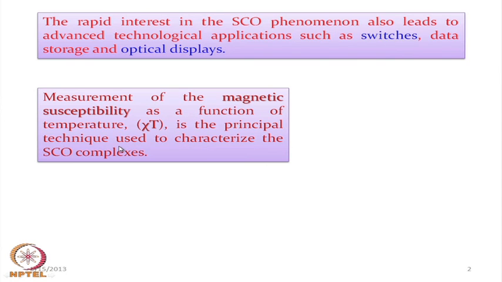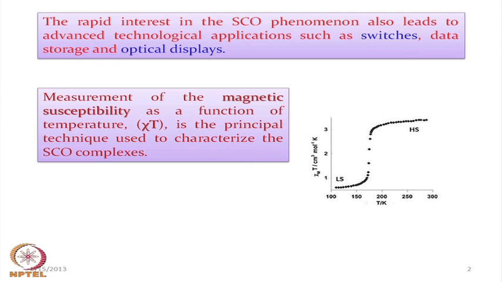The measurement of magnetic susceptibility is the most useful for characterization of spin crossover complexes, and if we plot the chi-mT values, in centimeter cube mole inverse K, against temperature in Kelvin, from 100 to 300 Kelvin, so the product of molar susceptibility and temperature, this is chi-mT.